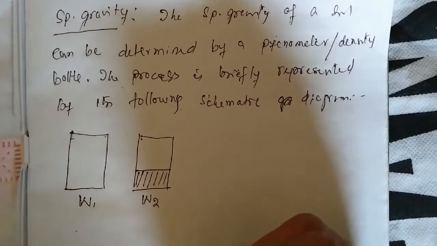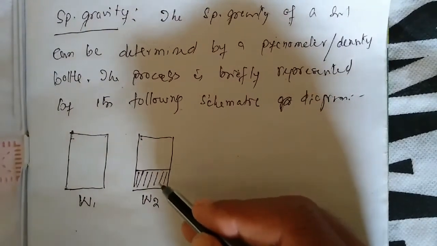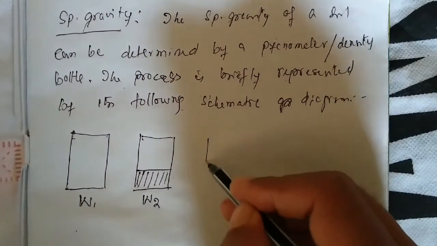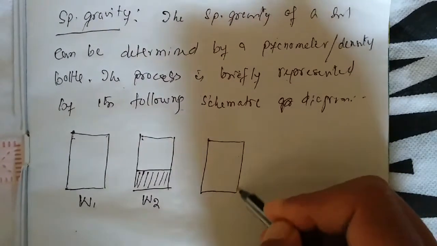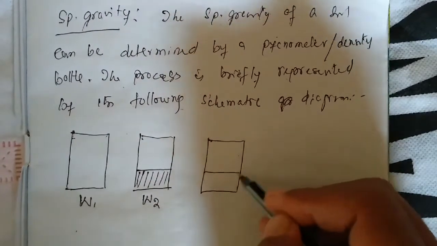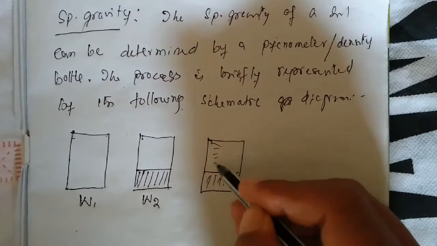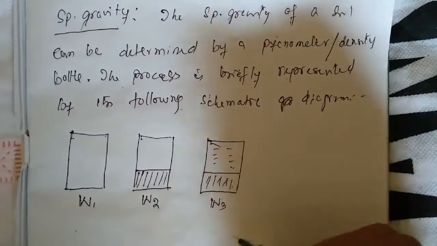Next, with the partially filled bottle with soil, add water up to the top. Soil is already there. The remaining portion is filled with water. Take the weight W3.